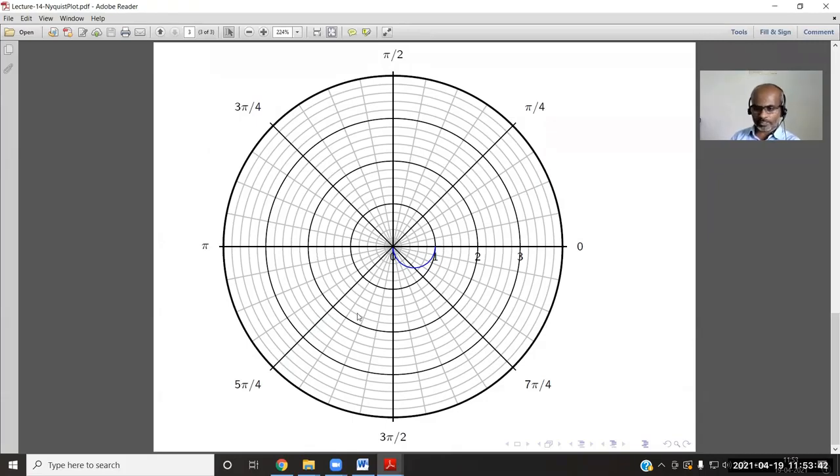The difference from the Bode plot is that the Bode plot is log and semi-log, whereas here we have a single polar plot giving information about amplitude ratio, which is the distance from the center point, and the phase angle, which is the angle it makes with the center point. Say at the start the angle is 0, and somewhere at this point the angle will be around 45 degrees. Likewise, we mark the variation of amplitude ratio and phase angle in the same plot.